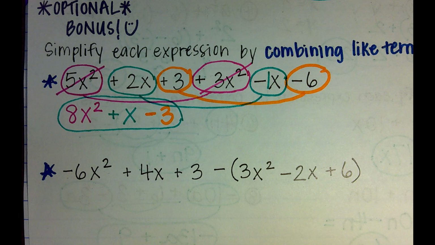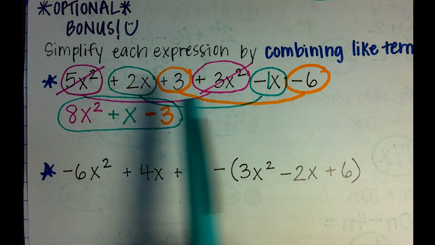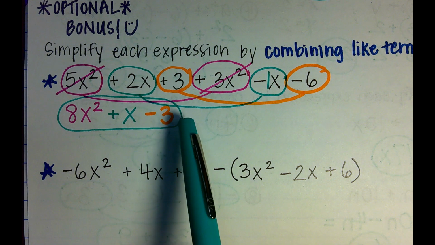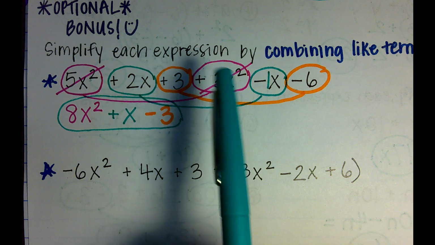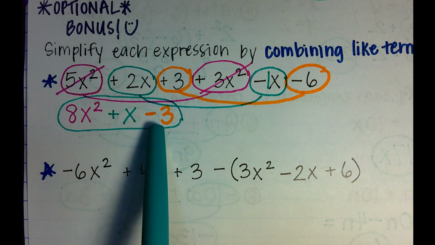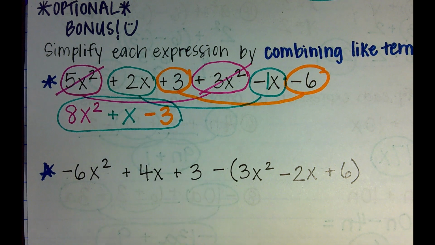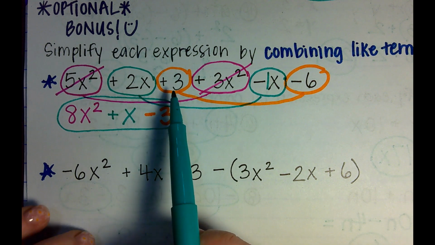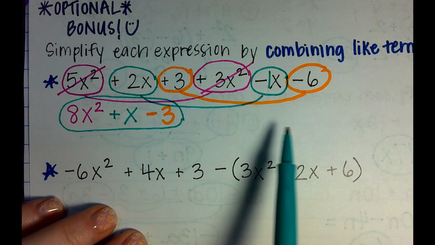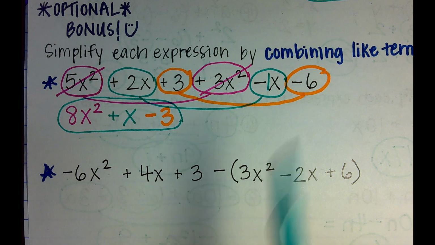I don't get why you work out the plus. Why we wouldn't have a plus on the 3? The reason this is minus 3 at the end of our answer is because we have a plus 3 and a minus 6.